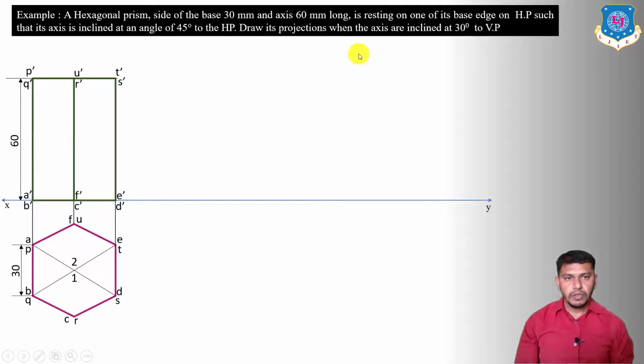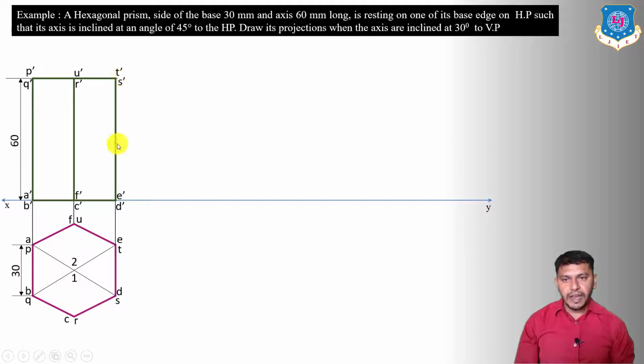Now the prism is resting on HP. So to derive the second stage, we have to take the condition of the prism with the horizontal plane, and here it is given that its axis is inclined at an angle of 45 degrees. Now you can see that the side edges AP, QB, CR, FU, DS, ET, all these side edges are parallel to each other, and also parallel to the axis.